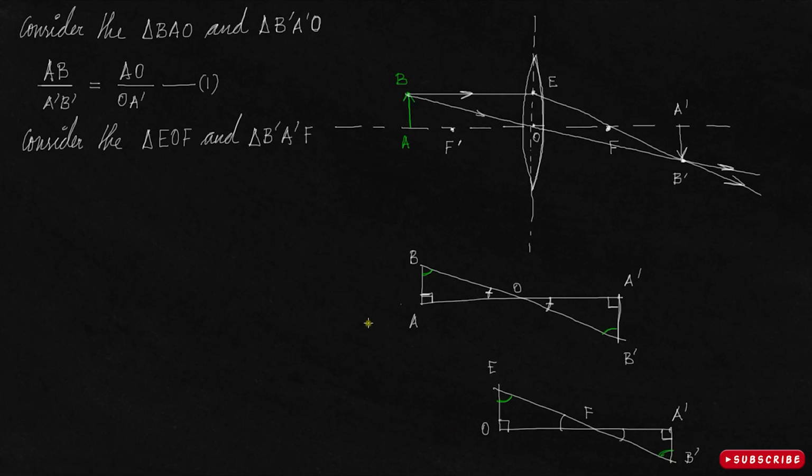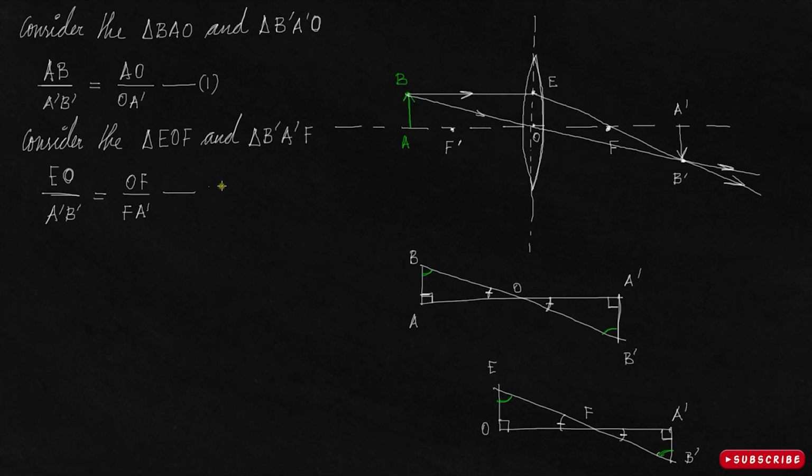Now, like we discussed before, the side opposite to this angle is EO divided by this angle is equal to this one. So the side opposite to this angle is A dash B dash, is equal to, now take this angle, the side opposite to this angle is OF divided by the side opposite to this angle, FA dash.